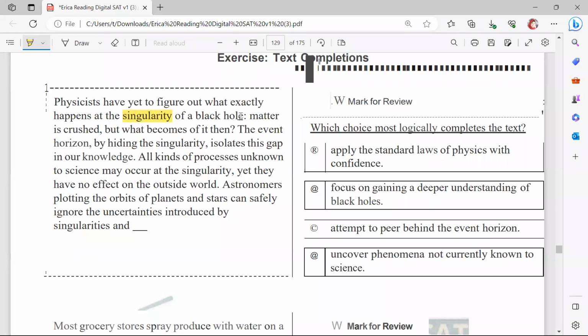Okay. I have here a colon, and this is what I meant by letting punctuation help. This means that after the colon, I will be able to understand what was mentioned before the colon, right? Go ahead and read what is after the colon. Yes, matter is crushed, but what becomes of it then?